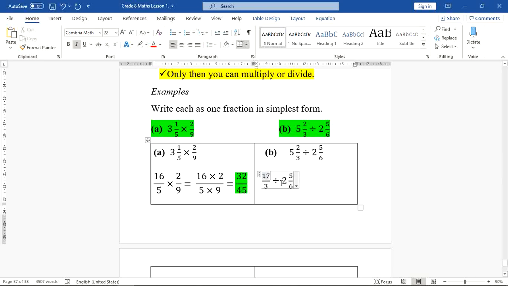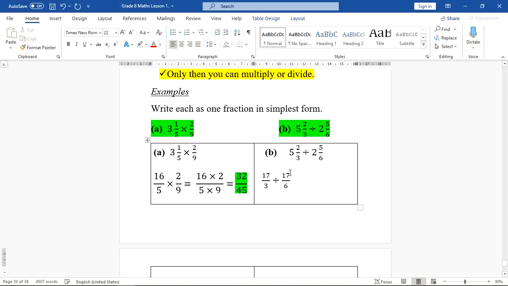And then 2 times 6 is 12. 12 plus 5, that also gives us 17. Just confirm that, please, on your calculator if you're doubting. 2 times 6 is 12, plus 5 is 17.